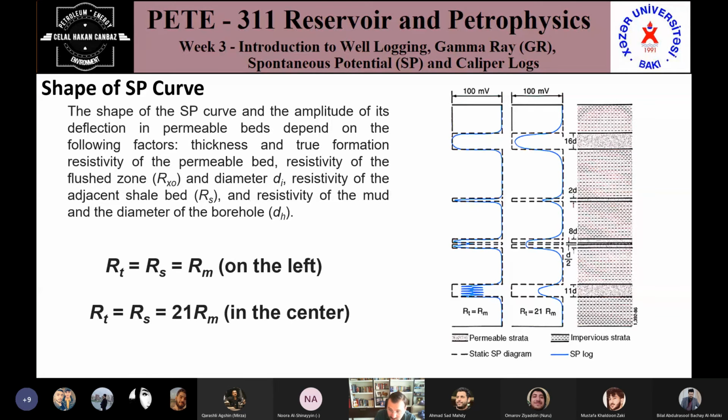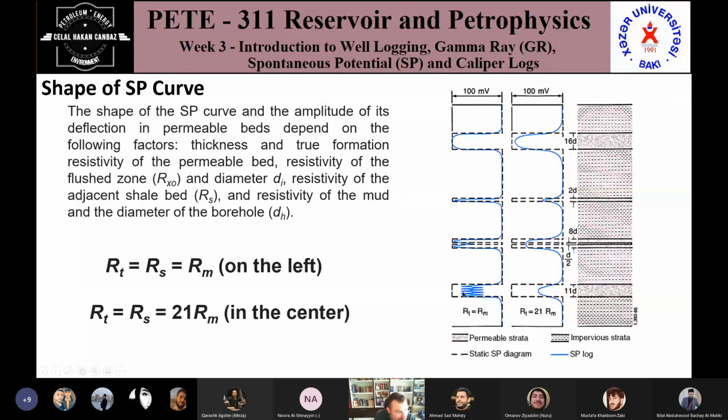So in the first case, the SP curve gives a much sharper definition of the boundaries of permeable beds, and the SP deflections approach the SSP value, the static spontaneous potential, more closely than in the case where the formation to mud resistivity ratio equals 21.